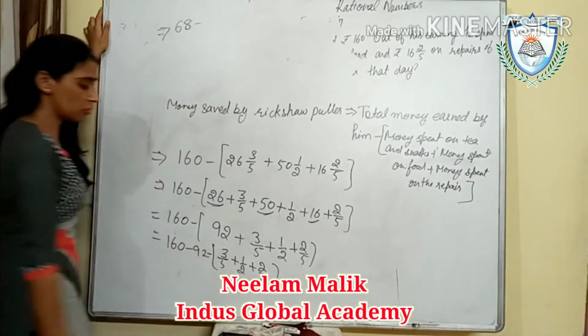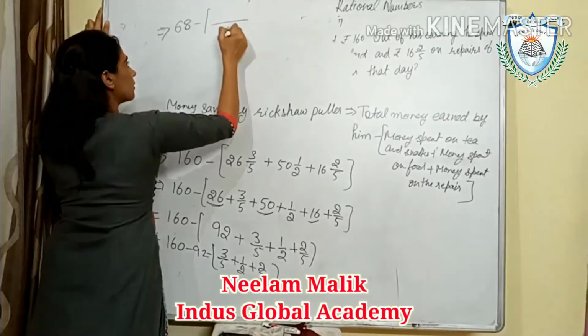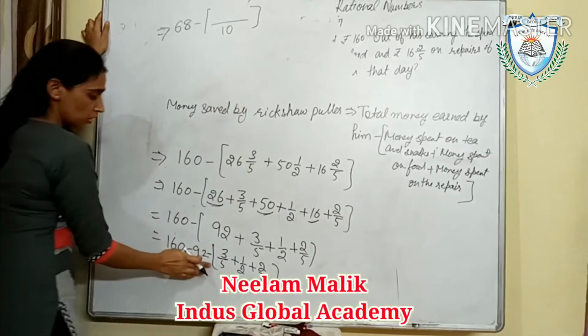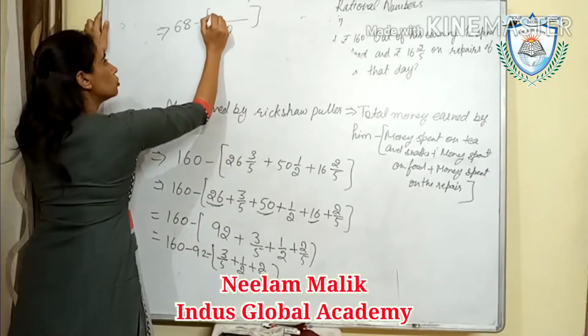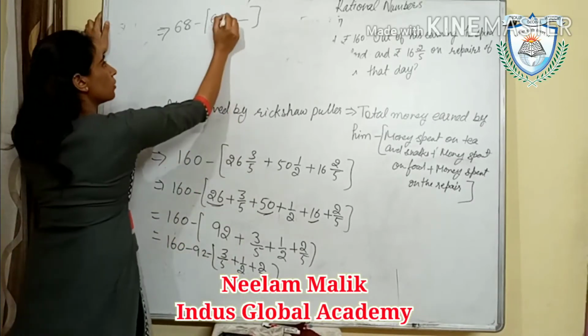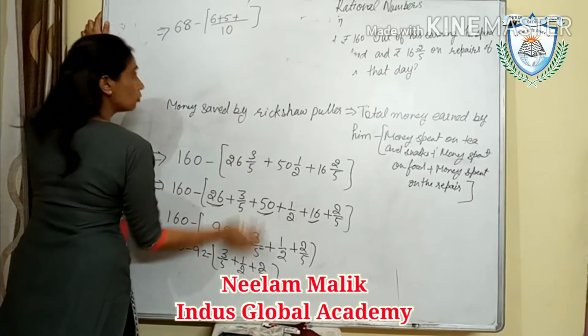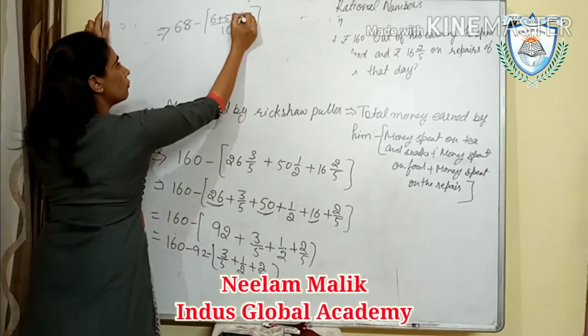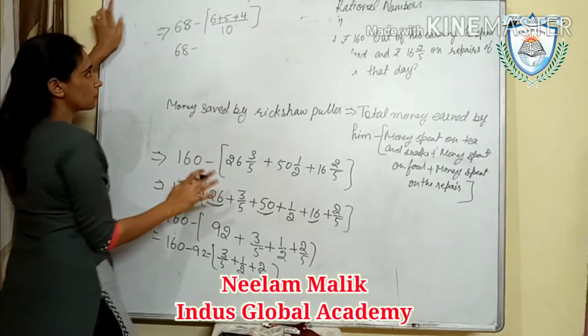What will be the LCM of this? LCM will be 10. So here 5 2s are 10, so 3 2s are 6, plus 2 5s are 10, here will be 5, plus 5 2s are 10, so 2 2s are 4. So now 68 minus, what is this?